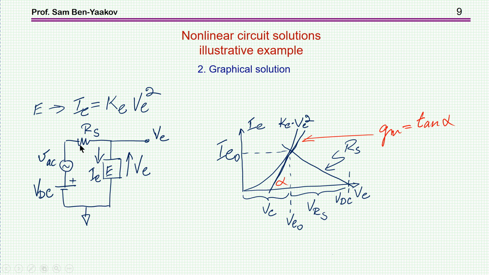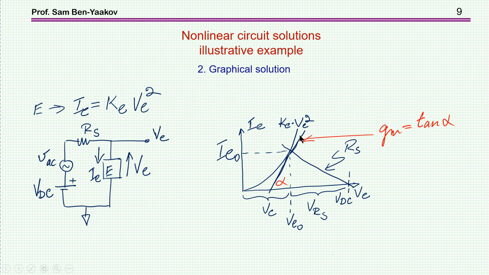This is the slope of this resistor. The idea is that the voltage drop across this resistor plus this element is equal to VDC. So the voltage drop of this element plus the voltage drop on the resistor is VDC. This is the intersection in which, of course, the two have the same current. So this is the solution here.